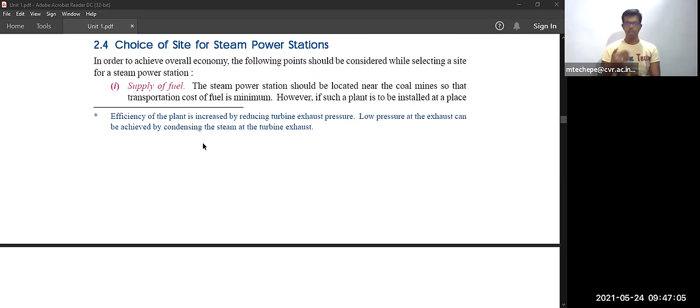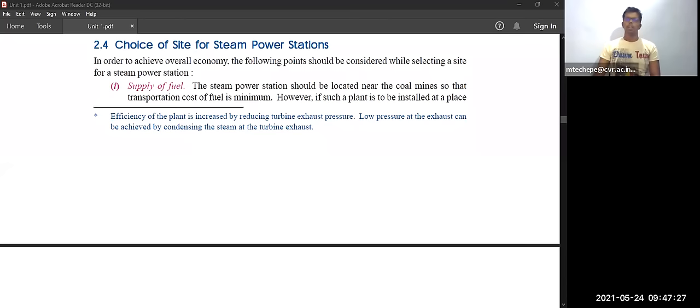For example, 1500 megawatt current operation, even though the installed capacity is 4000 megawatt or something like that, also requires minimum 300 to 500 employees.